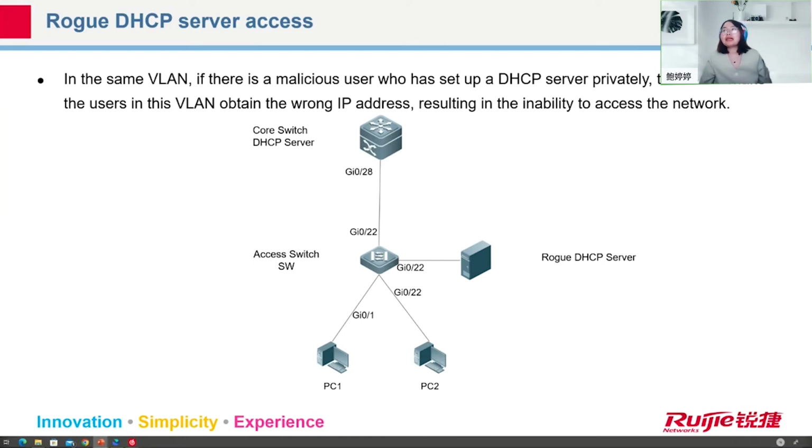And let's see the process, and why PC1 cannot know this is an illegal DHCP server. Let's see the process. PC1 first will send out the discover message, right? This is a broadcast message. When the switch receives this message, according to the MAC address forwarding principle, it will broadcast the message.